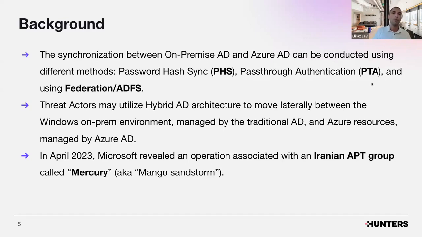A good example for that was presented by Microsoft in April this year, where they revealed an operation associated with an Iranian group called Mercury. They are also known by different names, such as Mango Sandstorm and more.